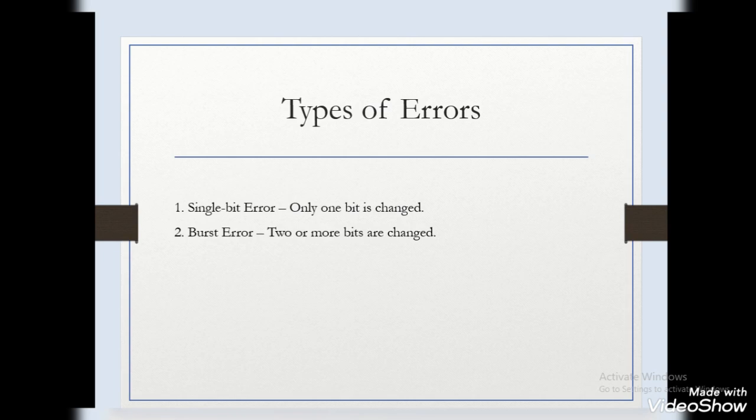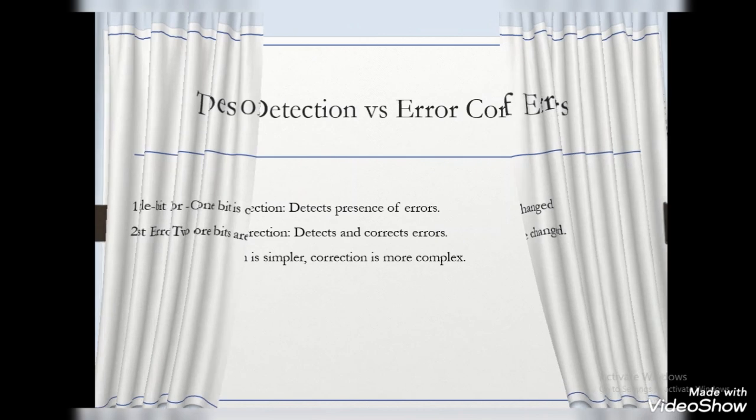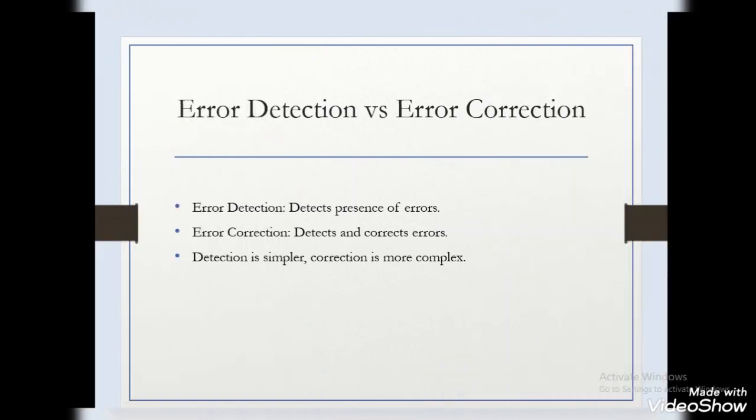My fifth slide shows error detection and error correction. Here, error detection versus error correction. It classifies the difference. Error detection identifies that an error occurred but doesn't fix it. Error correction identifies and fixes the error.